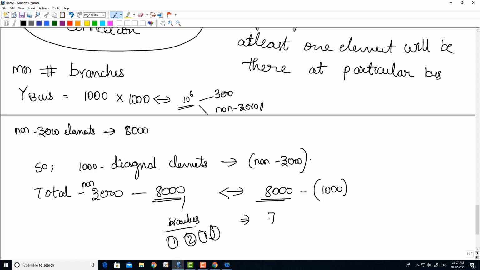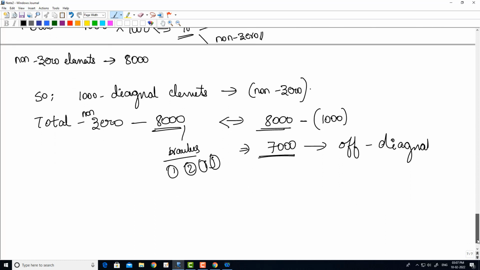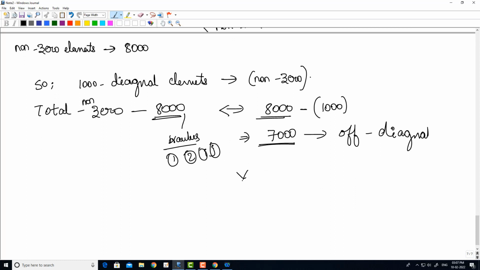So this is 7,000. This 7,000 is the off diagonal elements. And we know that the Y-bus matrix is a symmetric matrix, right?